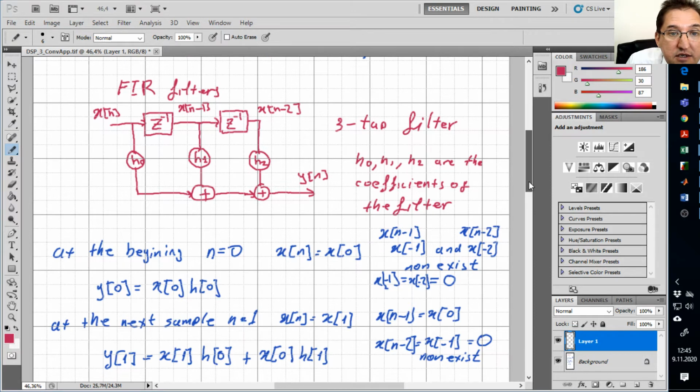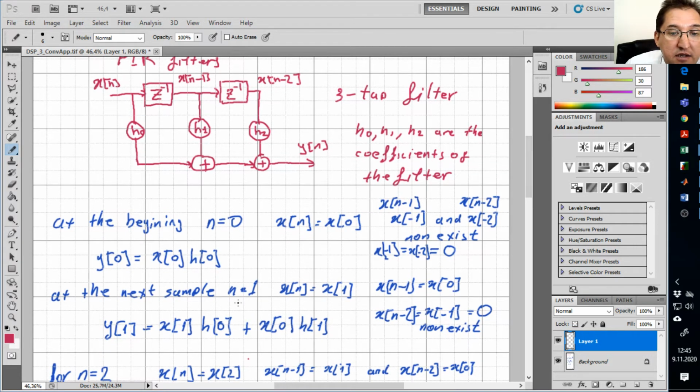At the second step, n is 1. This time xn is x1 and xn minus 1 is x0, which is the previous input, as you know, and xn minus 2 is x minus 1, which we don't have yet.